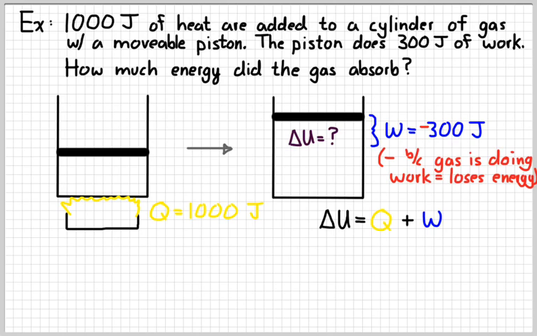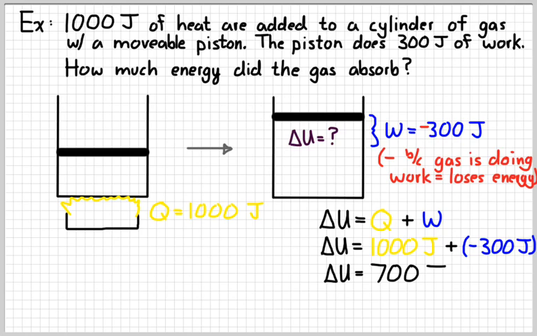And so, first law of thermodynamics, delta U equals Q plus W. Simply adding those two together gives something in the neighborhood of 700 joules. Basically we got 1,000 joules in, 300 out, the leftover is 700.